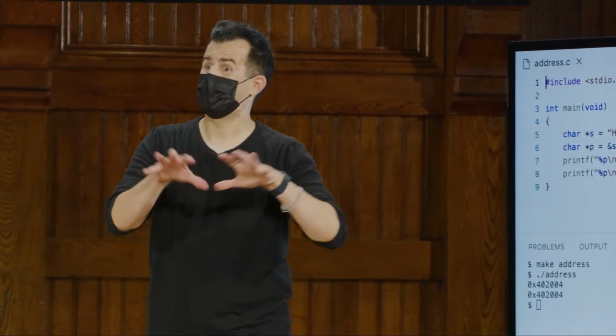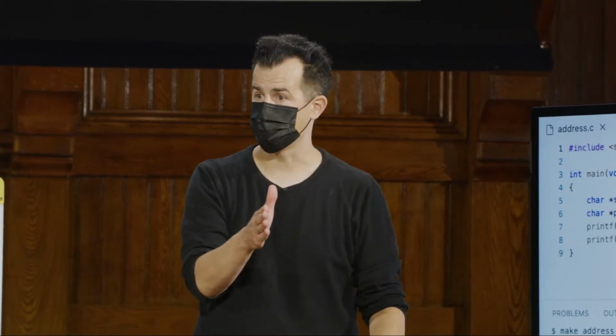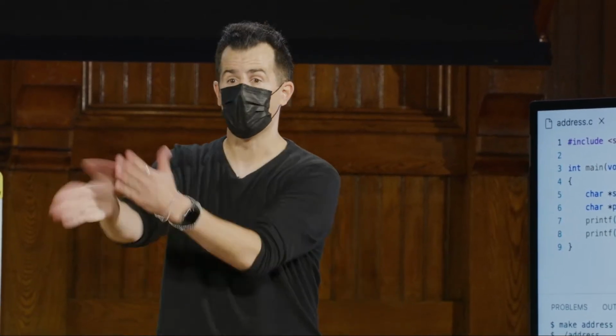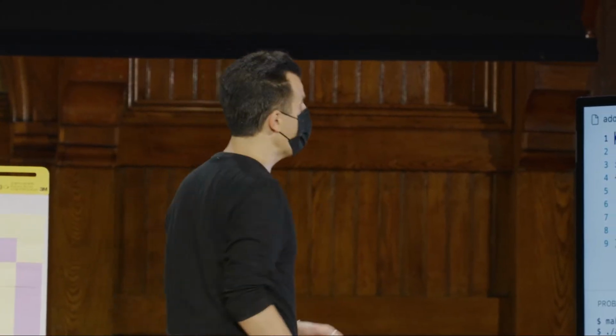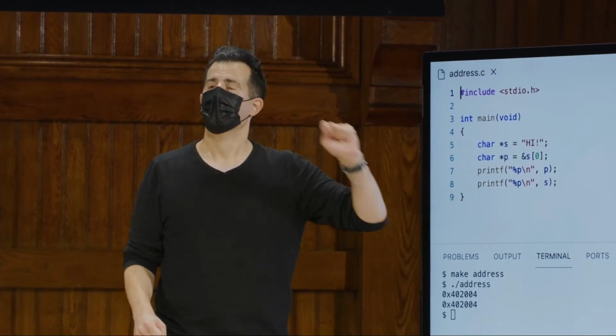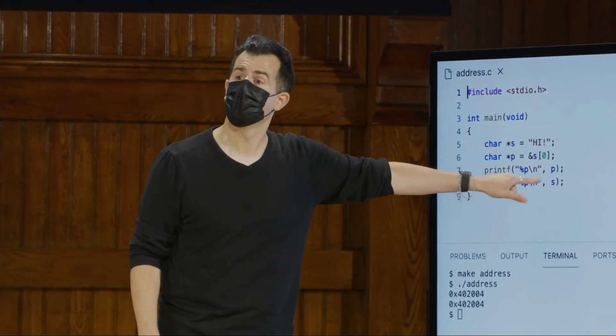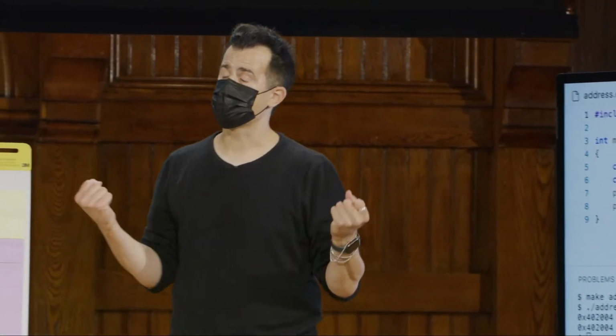Previously, when we used %s, printf knew to print not just the first character of s, but h, i, exclamation point, and then stop when it hits the \0. %p is different. %p tells the computer to print that address on the screen. So this is where %s all this time has been powerful.